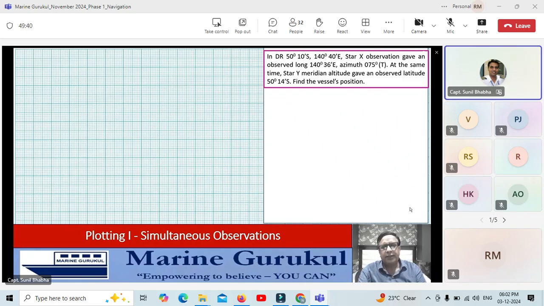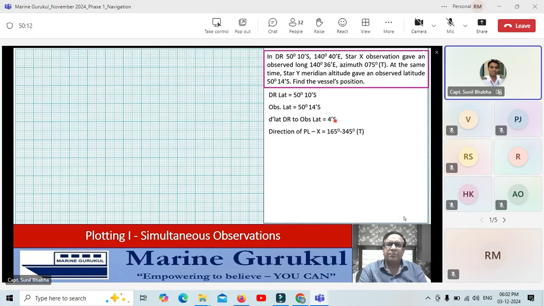Now, having identified the processes deployed for solving the sights, we proceed ahead with the plotting. We have the DR lat coming up on the screen. We have the observed lat. Now the D lat from DR lat to observed lat is 4 minutes south. This information shall be used to plot these two parallels with respect to one another.